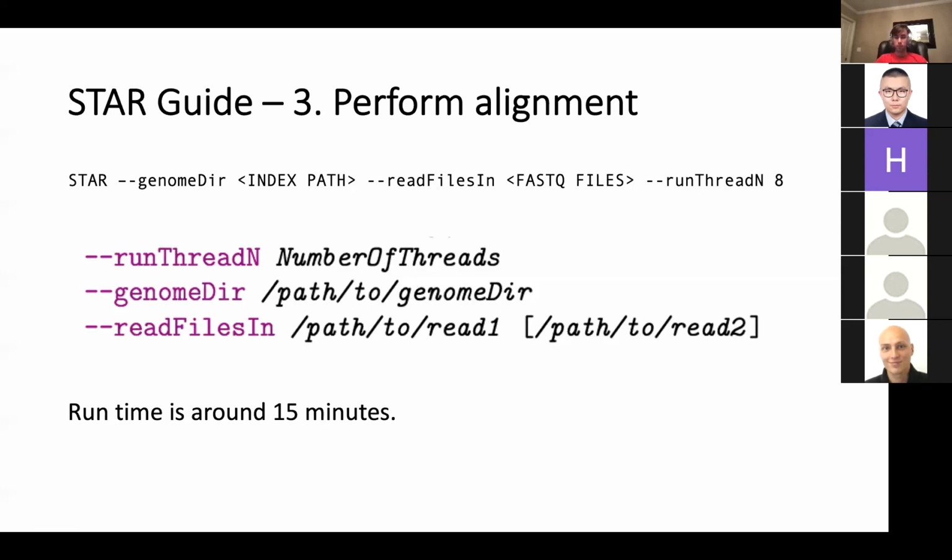Sorry, what was the run thread 8 mean again? Threads can be thought of as, if you have 8 threads, then you can do 8 things. The computer can do 8 things at once. That's helpful in this situation because, I don't know exactly how STAR does it, but presumably you can parallelize some of the work, like split all the reads into 8 groups and do them in parallel.